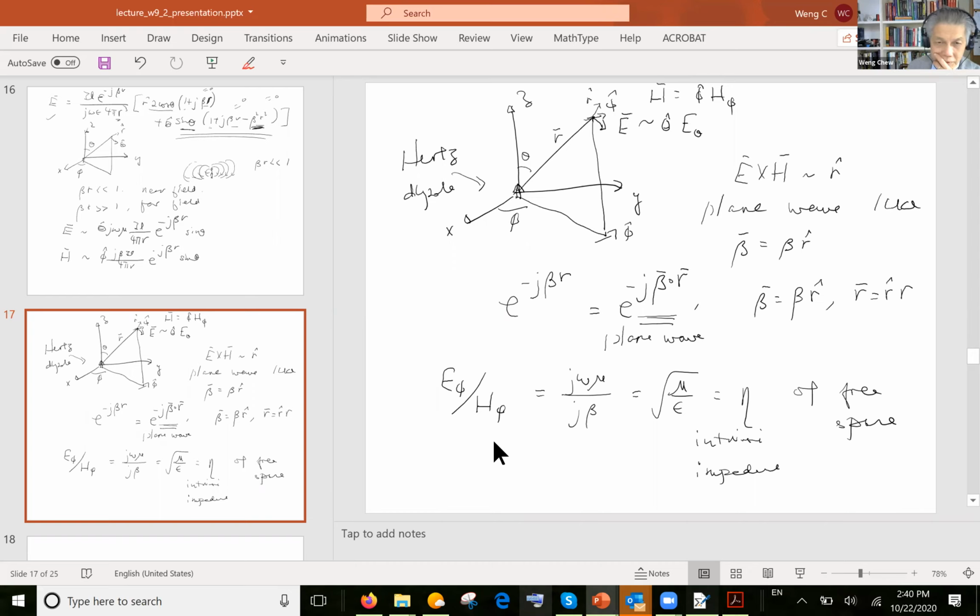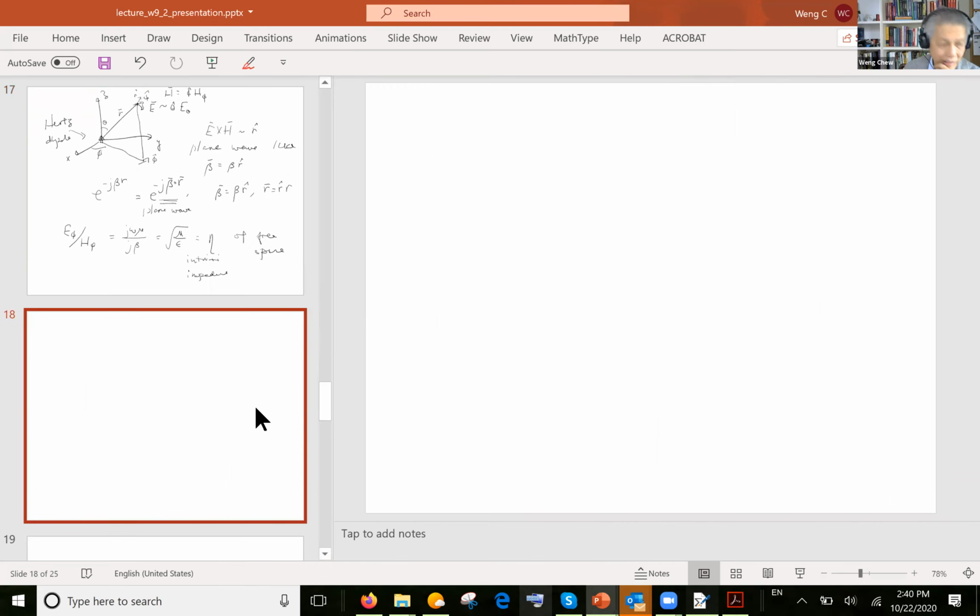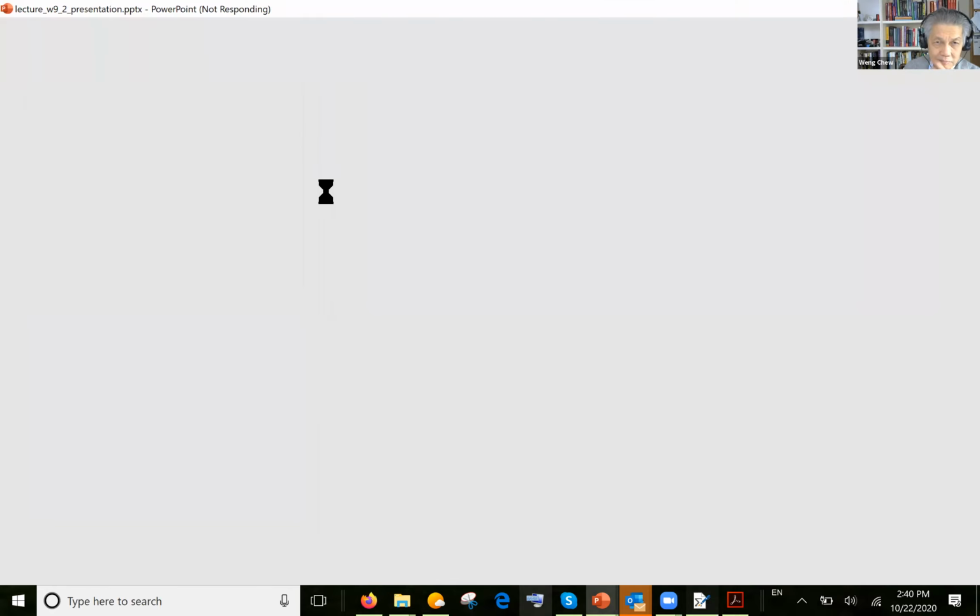So the Hertzian dipole is very illustrative because a lot of the physics that we like is actually embedded in the Hertzian dipole. So let's look at the Poynting vector and the Poynting power that come from this Hertzian dipole. And we look at it in the far field because the far field physics is more interesting.